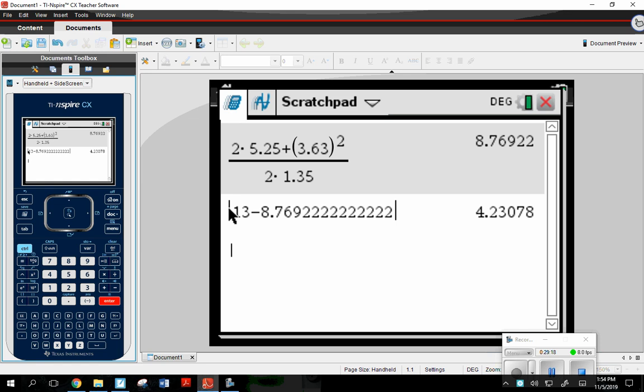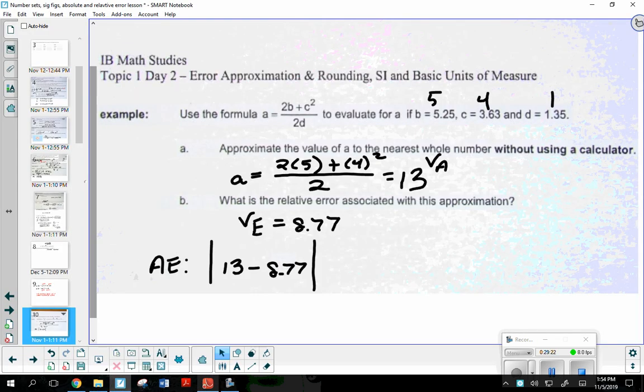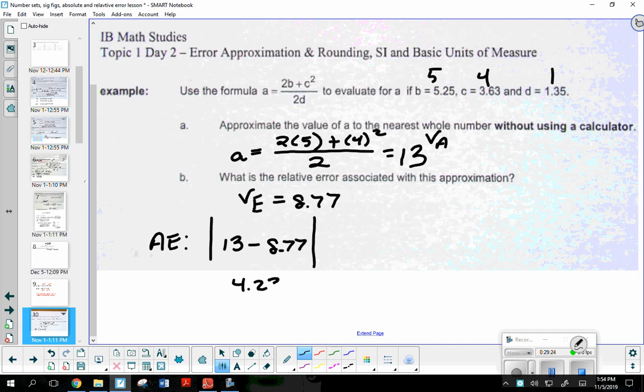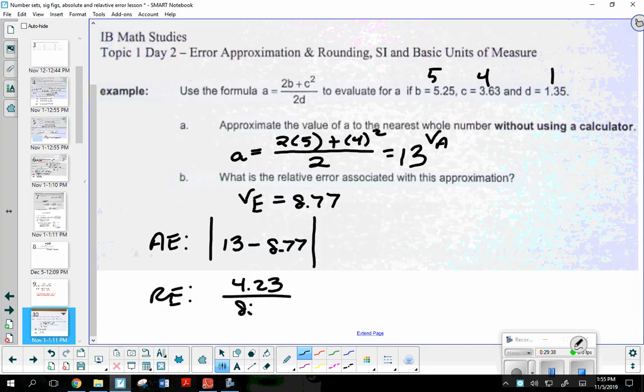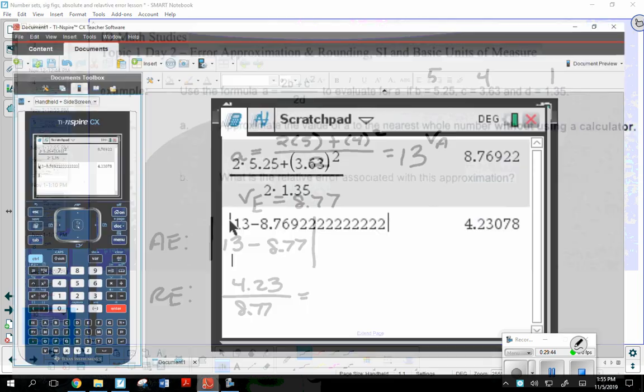So I'm going to take that absolute error, the 4.23. What do I do in order to find the relative error? Divided by what? There you go, divided by the exact value. Let me write out what I put there, 8.77. Again, I'm just rounding to 3 sig figs to show what I'm doing, but we're going to use the exact values in the calculator.